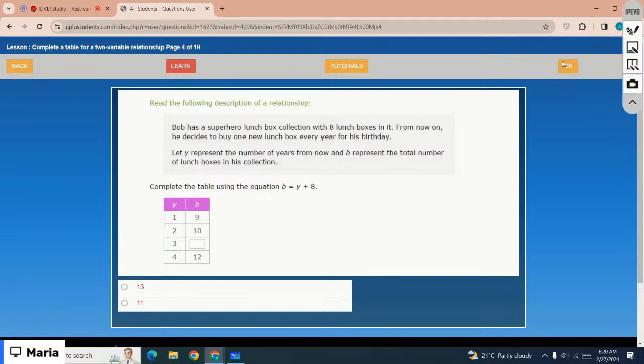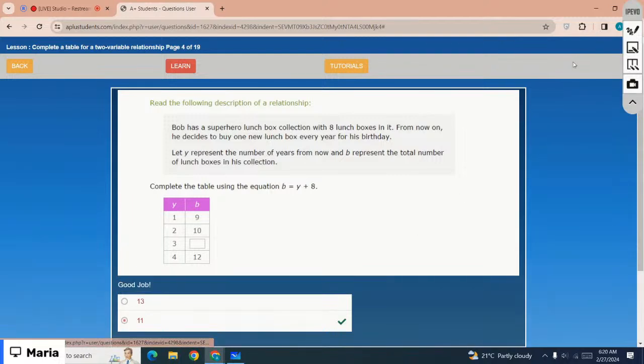So you have to calculate the value of B when Y equals 3. So which is the correct option? Yes, the correct option is 11. Option number 2 is the correct option.